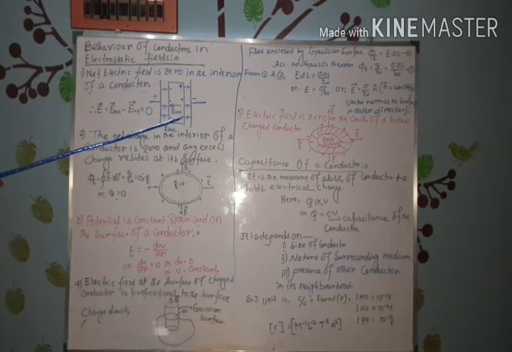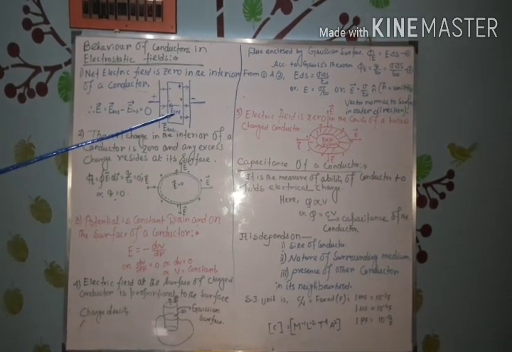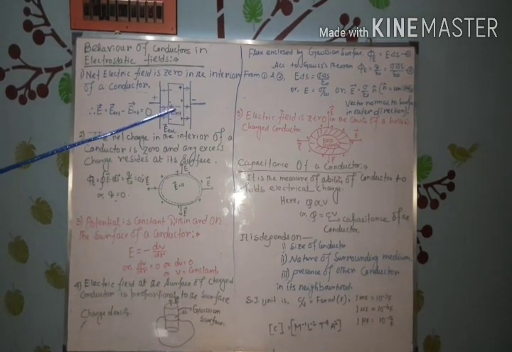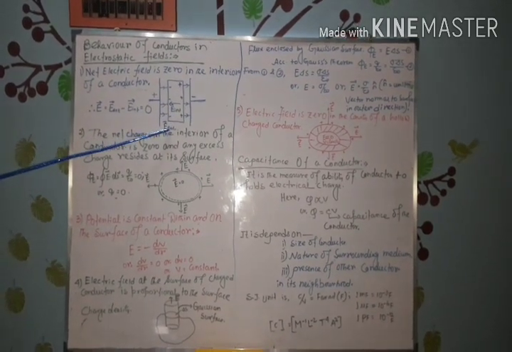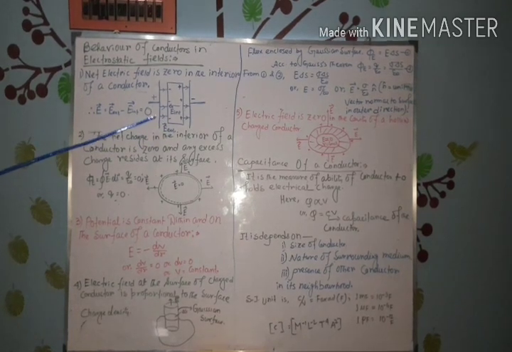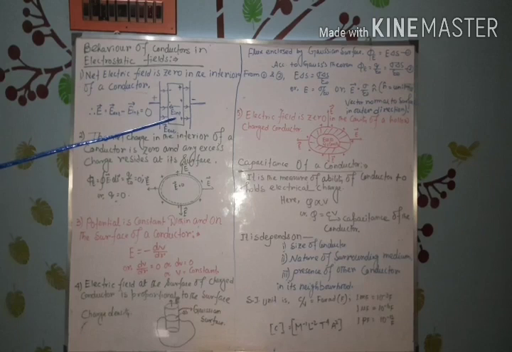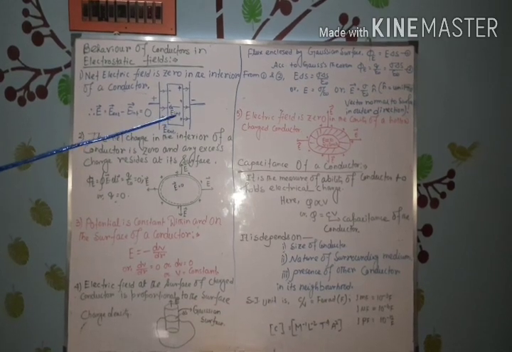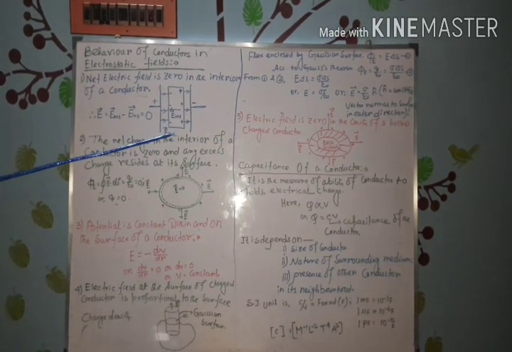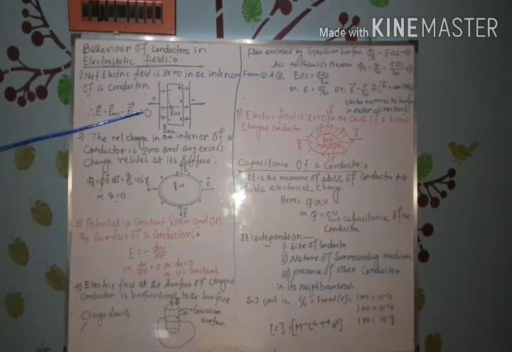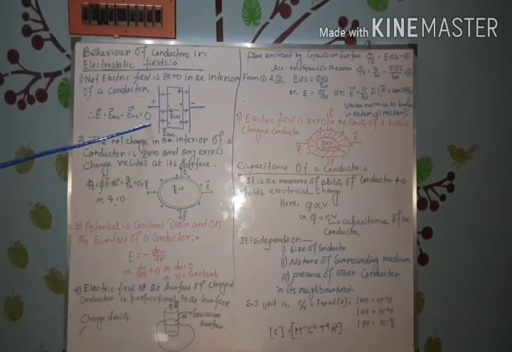That's why an internal electric field is set up within the conductor, but in the direction opposite to the external electric field. But remember one thing, the magnitudes of the external electric field and the internal electric field are the same, but as their directions are opposite, the net electric field within the conductor is zero.